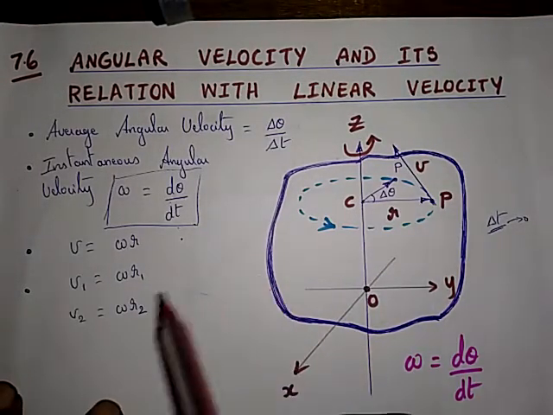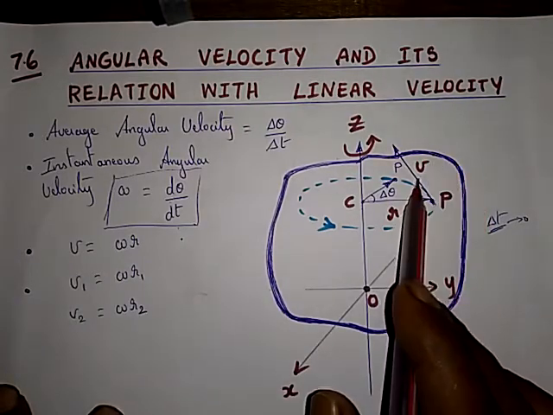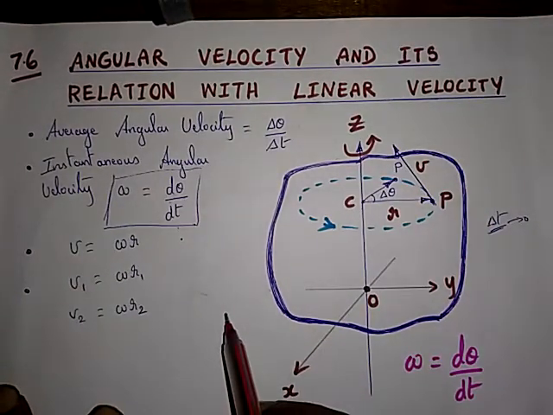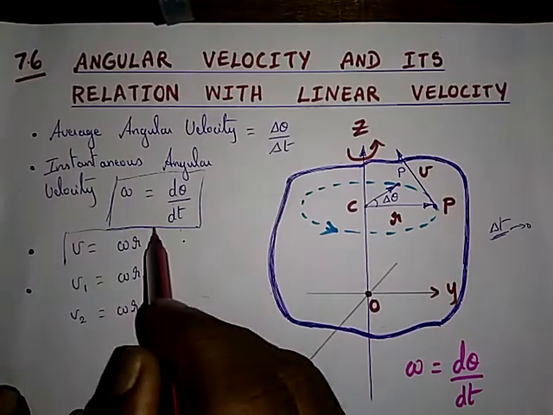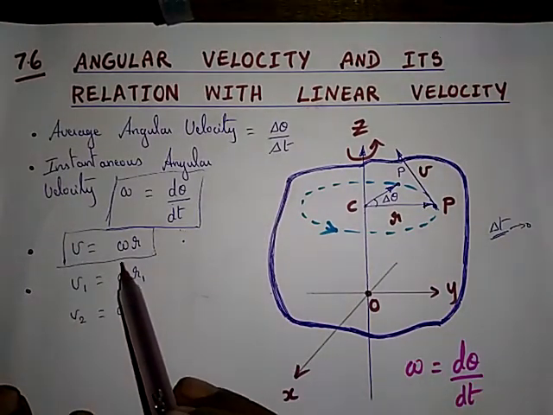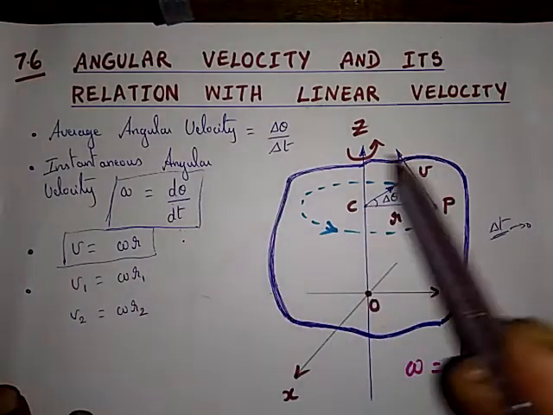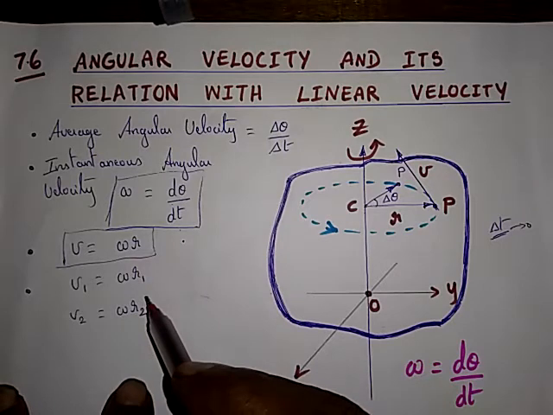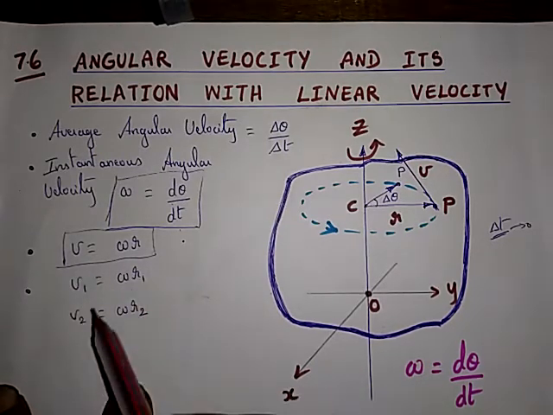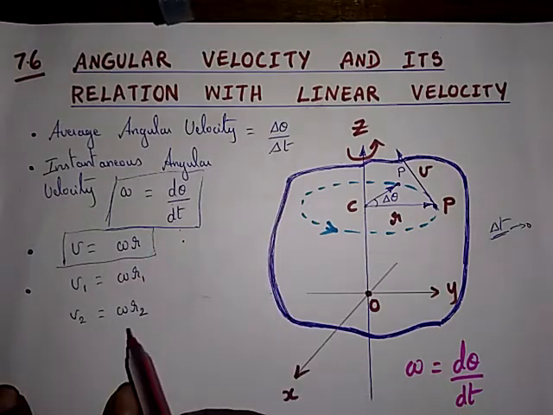So now we are interested to find a relation between linear velocity and angular velocity. The formula for linear velocity and angular velocity is v is equal to omega r. Since all the particles move with the same angular velocity, this term will not change.